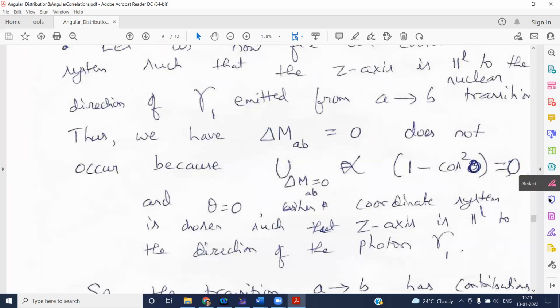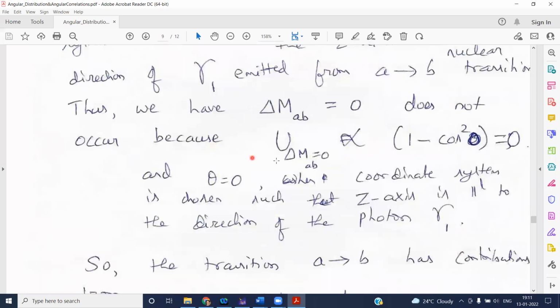So therefore, when the coordinate system is chosen such that the z-axis is parallel to the direction of photon gamma 1, I don't have delta MB equal to 0 contributing to the angular distribution.